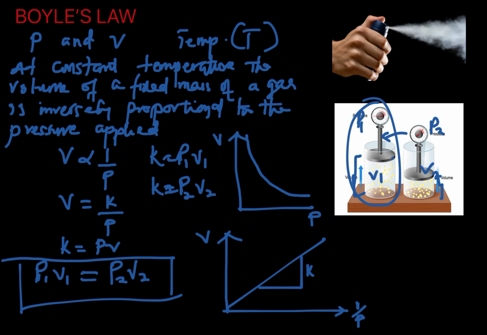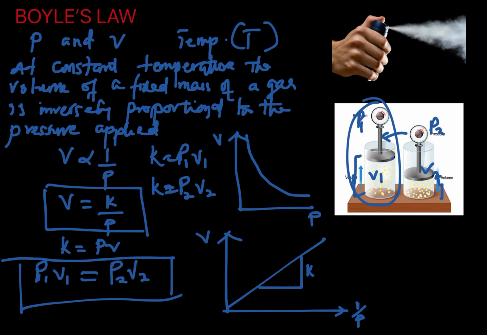Looking at this relationship, we can see that yes, the slope is going to be the constant of proportionality, because our graph will be a straight line.